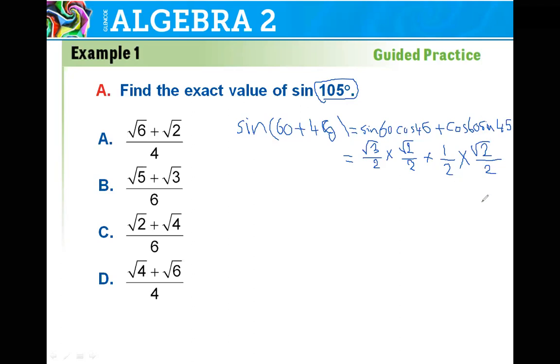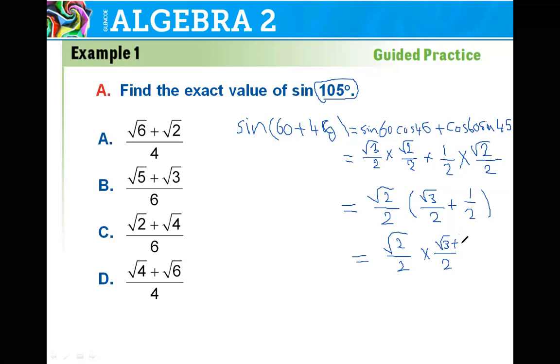Can we take a common factor? You can, there is no problem. Root 2 over 2 multiplied by root 3 over 2 plus 1 over 2. Make it the same fraction and add. So root 2 over 2 multiplied by root 3 plus 1 over 2.